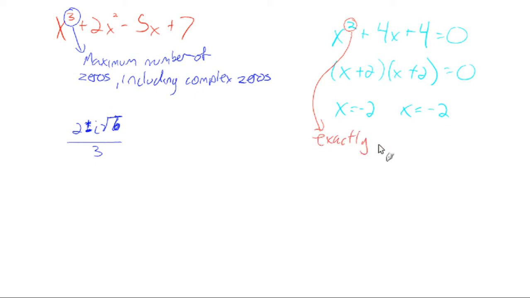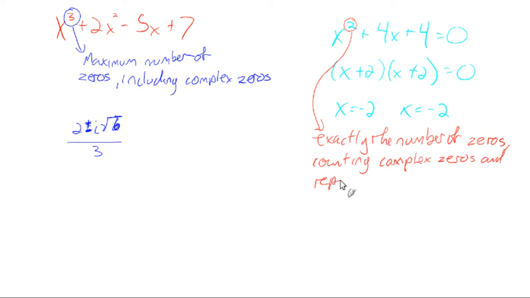Okay, so we'll talk about it more in these terms of exactly the number of zeros, counting complex zeros and repeated zeros. So if we always count the complex zeros, you know, the imaginary ones, and ones that come up more than once, even if it came up 3 times in a different polynomial, then we would say that the degree is exactly the number of zeros that we should expect to find.